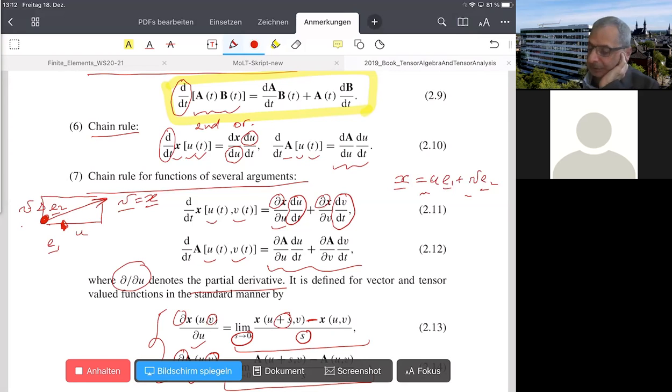In the same way, I can say my tensor A can be, for example, equal to u e1 tensor product v e2, right? Why not? So I have a tensor varied function which depends on two variables, u and v, and A is a tensor. Only an example.